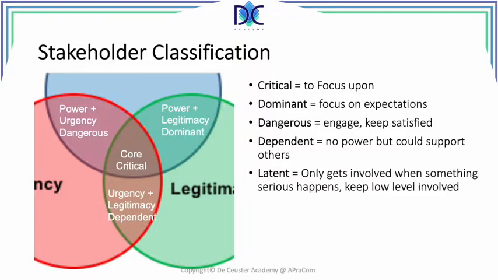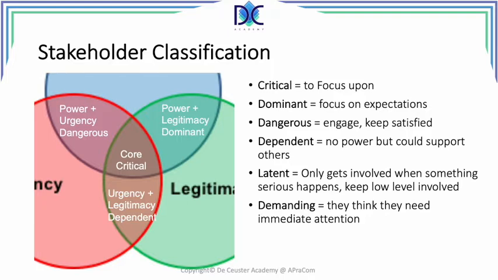Another element we have are the latent stakeholders. These are the stakeholders who only get involved when something serious happens. So we have to keep them at a low level involved. There may be demanding stakeholders. These are the people that think they need immediate attention, so we can give some attention to them.